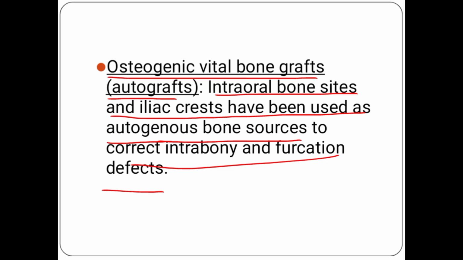So an autograft means you take tissue from one place in a patient and place it on another part of the same body.